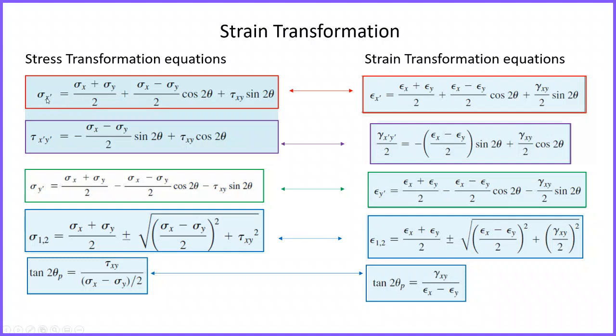Just take a look at the stress transformation. This is the change of stress in the new orientation, sigma x prime. You see sigma x plus sigma y by 2, sigma x minus sigma y by 2 cosine 2 theta, plus tau xy sine 2 theta. This is the shear stress, right? Now look at this equation. Sigma x and sigma y are just replaced by epsilon x and epsilon y.